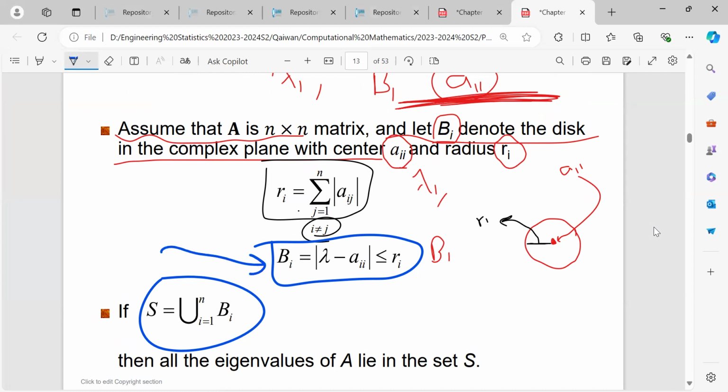It's used for drawing the graph, actually. The graph could be drawn as I did now, and also it could be drawn by this formula here. We say B1 is the absolute value of lambda minus A11, which is 3, less than R1, which is 3.